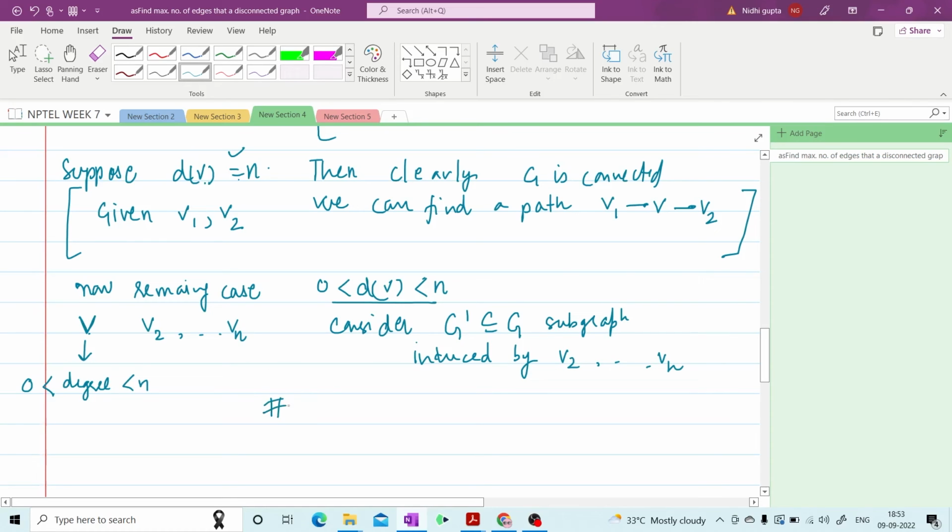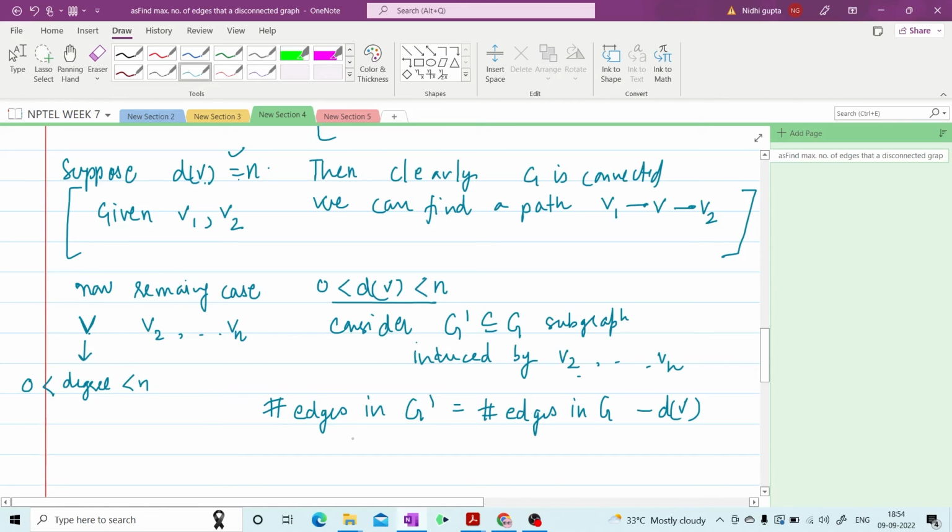And now the number of edges in G dash will be the number of edges in G minus the degree of V. Because if we take the subgraph induced by V2 till Vn, we are considering all the edges in G that are between these vertices. So what edges are we removing? The edges which contain V. And the number of edges which contain V is just the degree of V.